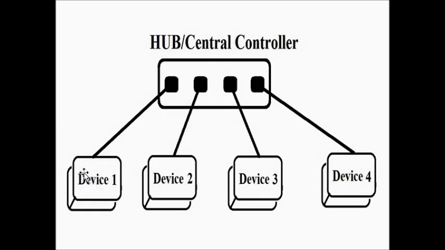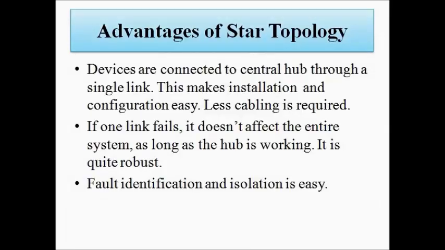It means device 1 has to first send the data to the hub, then the hub will send it to device 2. Similarly, if device 1 wants to send data to device 3, it has to first send it to the hub, then the hub will send it to device 3. So the hub acts as a relay, the middleman, the moderator, the intermediary between two devices.